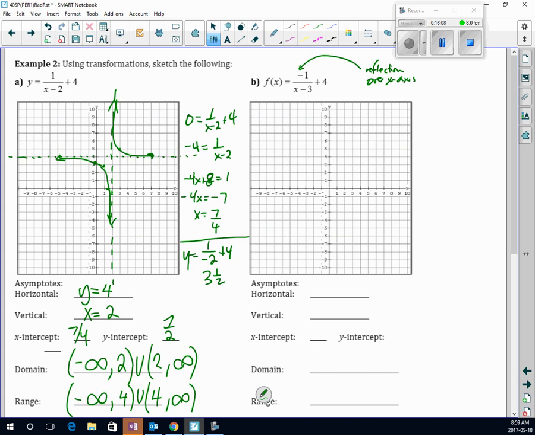Okay, it's affecting the y's, right? Okay, so what's my horizontal asymptote going to be? Y equals 4. So we're going to do that again. What's my vertical asymptote? X equals 3.